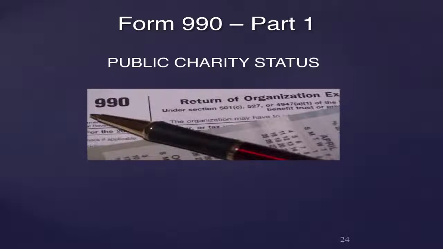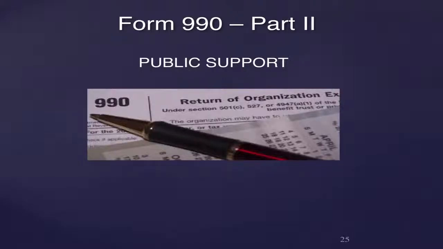But of course, each organization's situation is unique. Let's read number 7. An organization that normally receives a substantial part of its support from a government unit or from the general public.